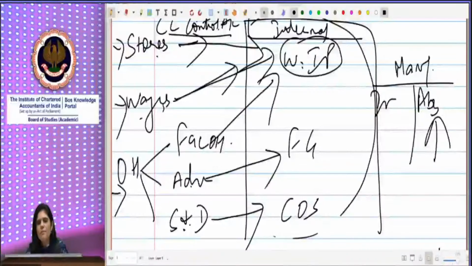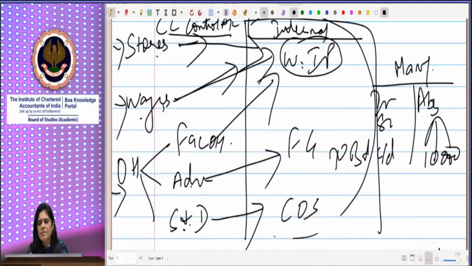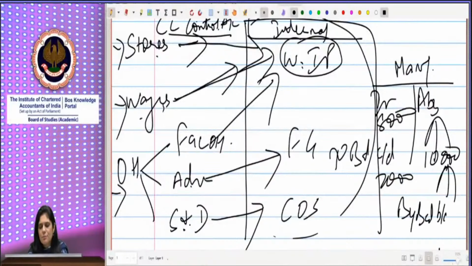If absorbed is greater, we will write here to balance CD. Let us say absorbed is 10,000 and incurred is 8,000. So you have over absorbed. You have incurred 8,000, but you have absorbed 10,000. So 2,000 is over absorption because absorption is higher. So the opening balance will be by balance brought down.